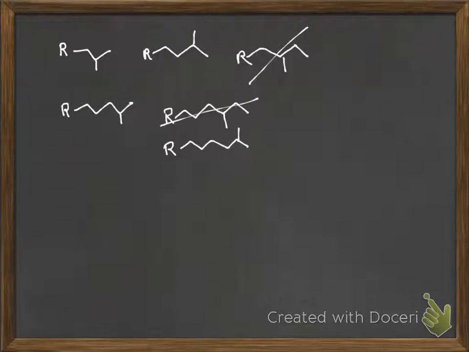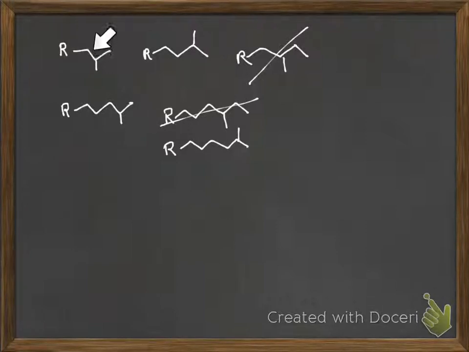Okay? So iso is a particular prefix we use to indicate the branch just before the last carbon of the chain. So the naming's a little funny, but how many carbons are in this substituent? Not counting the R, 4, right?